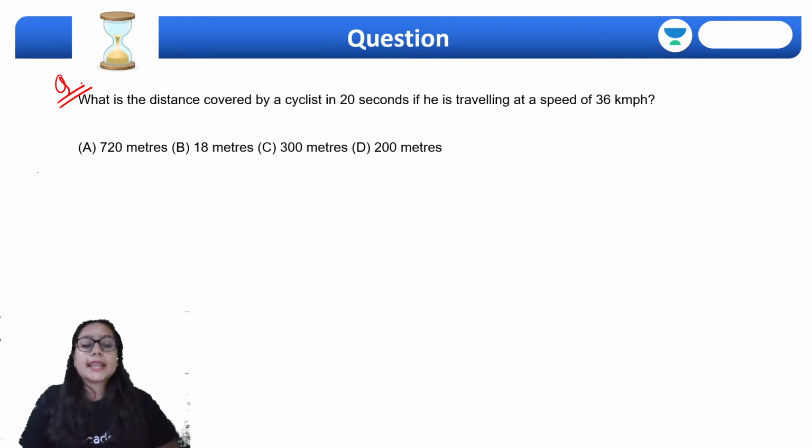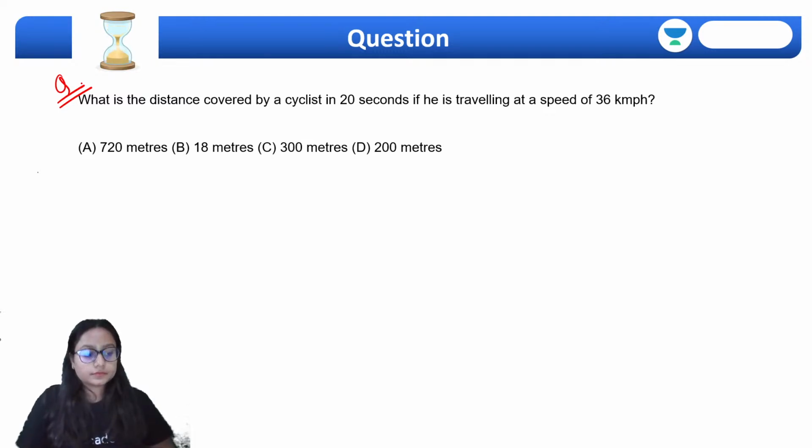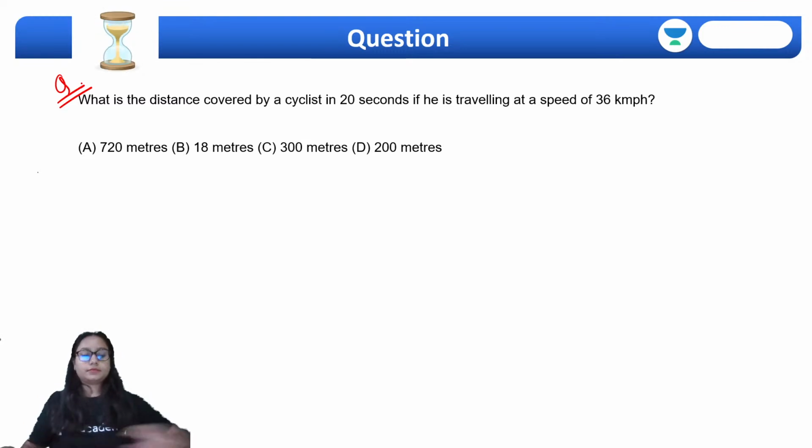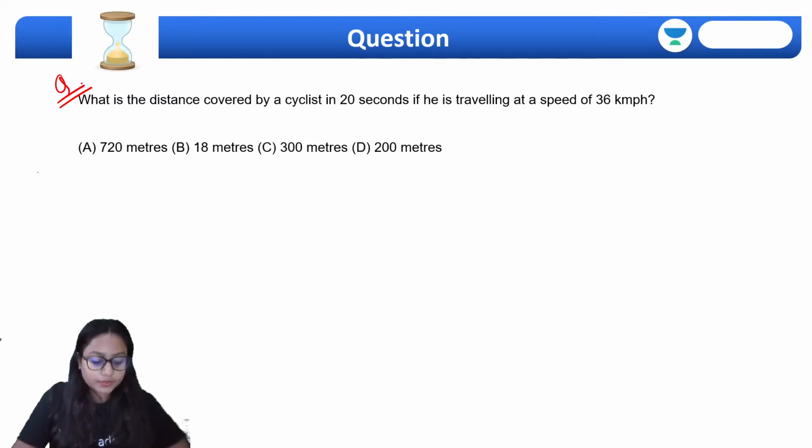Distance covered by a cyclist in 20 seconds if he is traveling at a speed of 36 kilometers per hour. Okay, one answer.